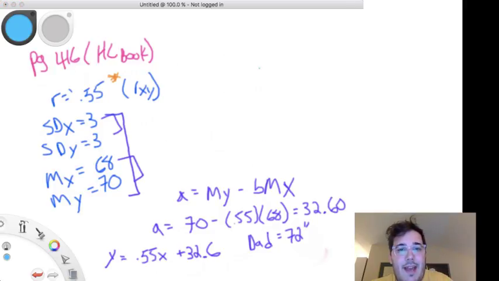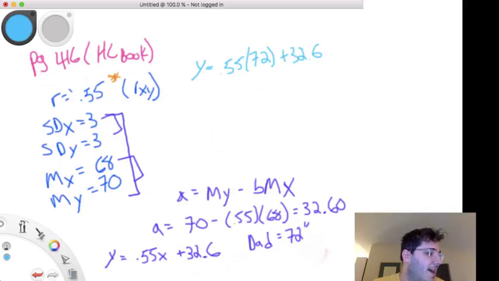In that case, I would do y, which is the prediction of the son's height, equals 0.55 times the dad's height, which is 72, plus 32.6.